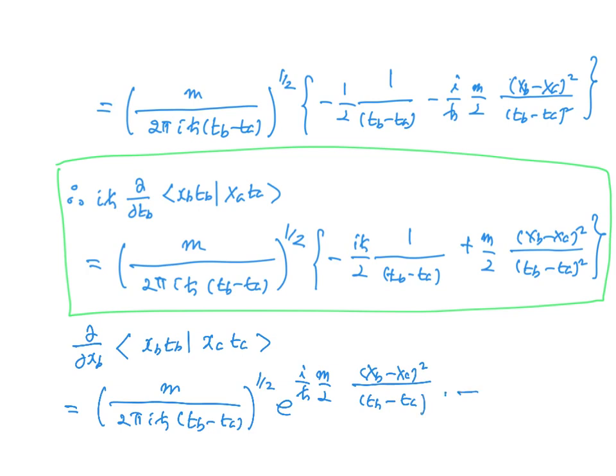That means we have h over i and m over 2, but twice (xb minus xa) over (tb minus ta). So these two cancel each other.